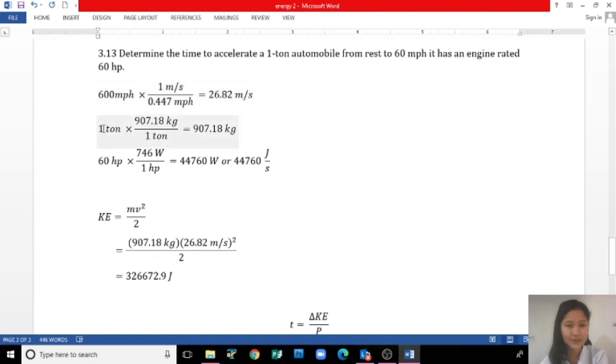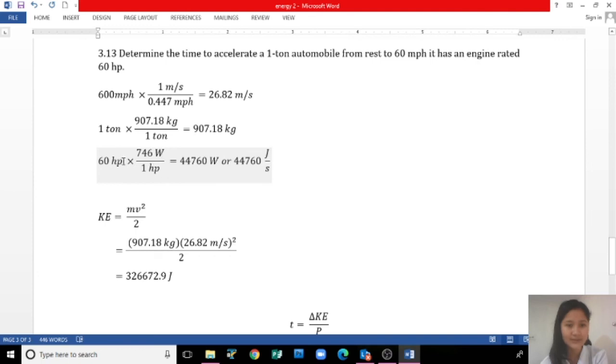Next is to convert the ton into kilograms. So 1 ton is equal to 907.18 kilograms. So our new mass is 907.18 kilograms. Next is to convert the 60 HP into watts or joules per second. In order to convert this, I just multiplied by 1 HP, which is equal to 746 watts.